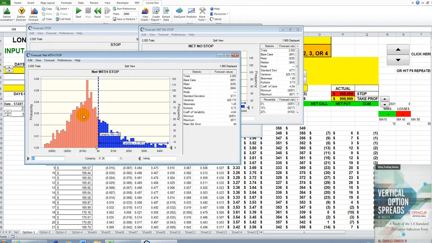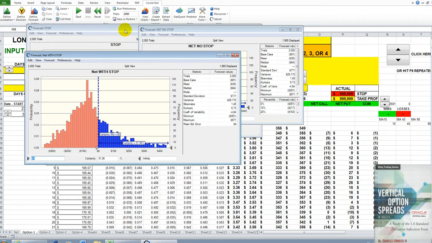And then in the salmon color, that's your distribution, which shows you losing money anywhere from 0 down to about negative 400. Now, when you look up at the statistics, you'll see the mean is an expected gain of negative 35, meaning that over the long haul, even though you might be right on the one try, this same trade would lose you an average of $35 over 2,000 trials. So you're going to have to make up your own mind if it's worth the bet, the trade.